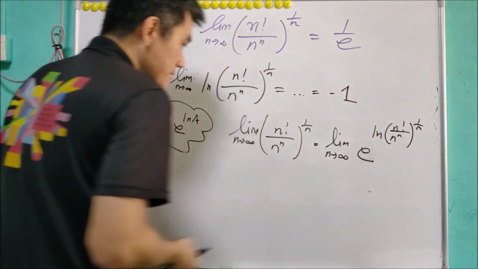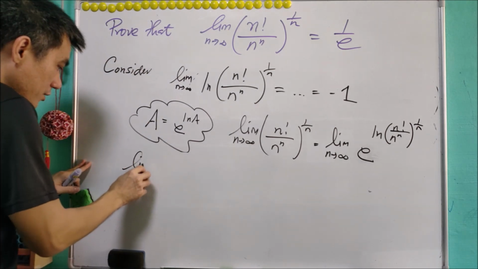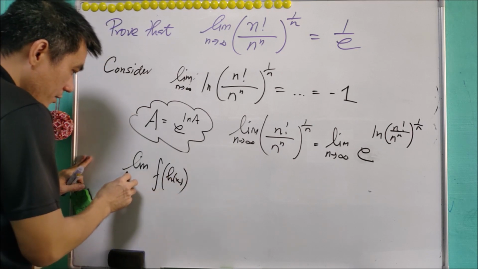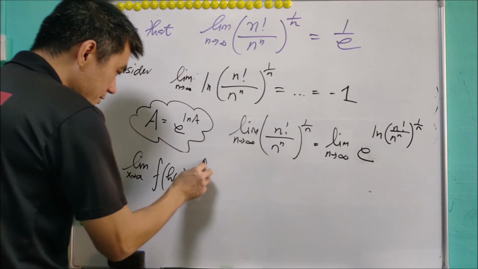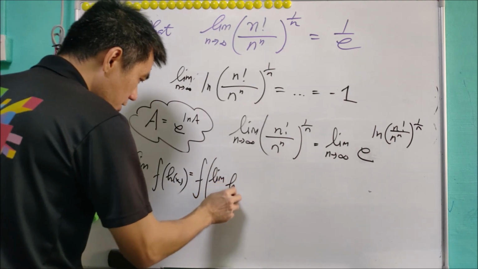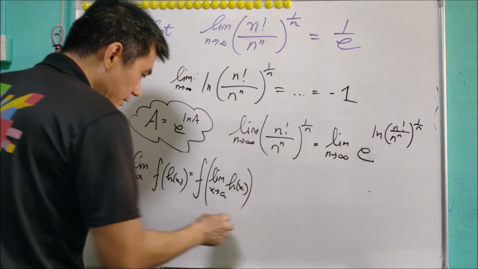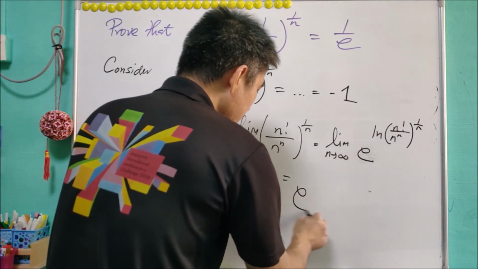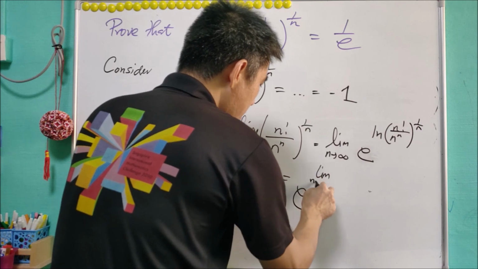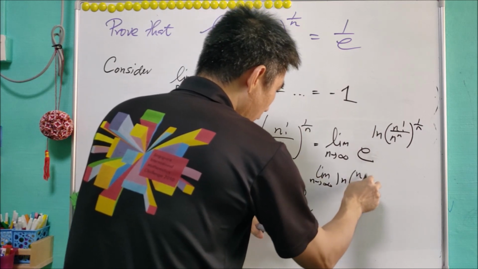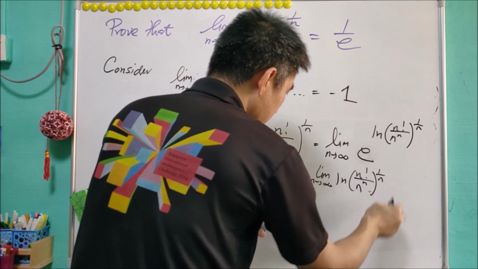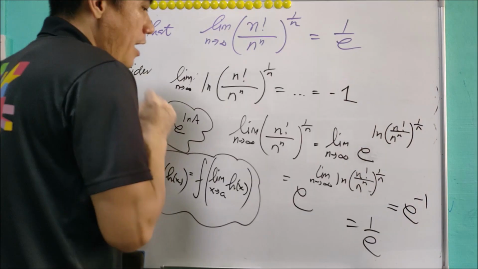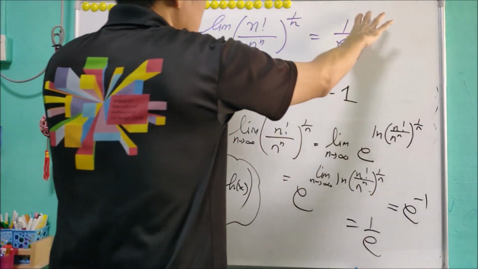Because e to the x itself is a continuous function, we know that the limit of f of h(x), where x goes to a, can be written as f of the limit of h(x), where x goes to a, if f is continuous. So in this case, it can be written as e to the power of the limit as n goes to infinity of log of n factorial over n to the power of 1 over n. And since we know that this limit is equal to negative 1, we proved that this is true.